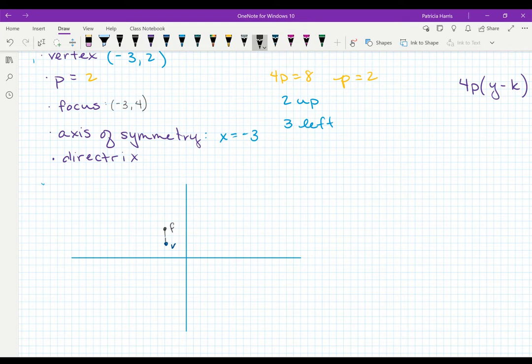Now I get to find my directrix line. So I go back to my focus and count the opposite direction. So I'm going to count down. 1, 2. And then I'm going to make a line that's perpendicular to my axis of symmetry. So this is my directrix.